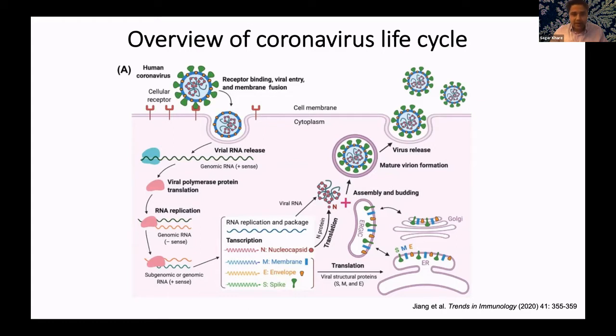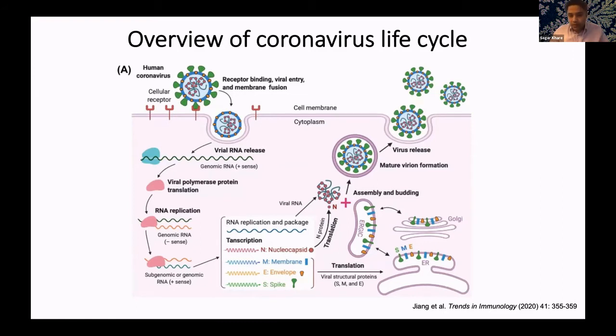The virus enters, and then the genome is released, which is a positive strand RNA that is translated into protein. In particular, the viral polymerase will be translated, and it will go on to both replicate as well as transcribe the structural proteins and non-structural ORFs, as we also heard from Stephen.